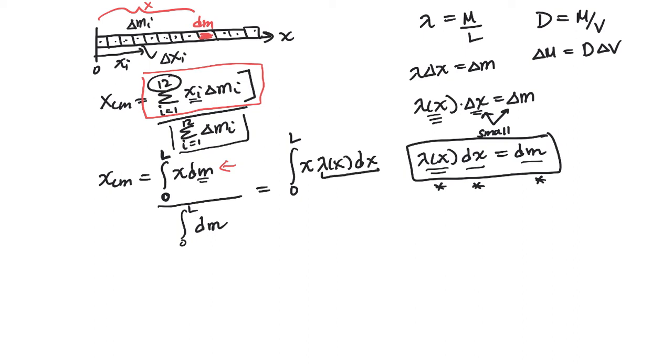And now notice I'm integrating, everything's in x and it's from 0 to L, so that makes sense, divided by 0 to L of just dm, so just lambda of x dx.